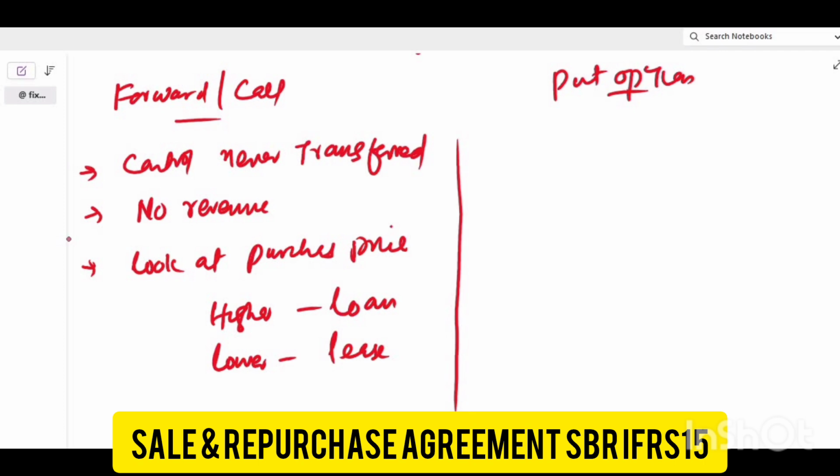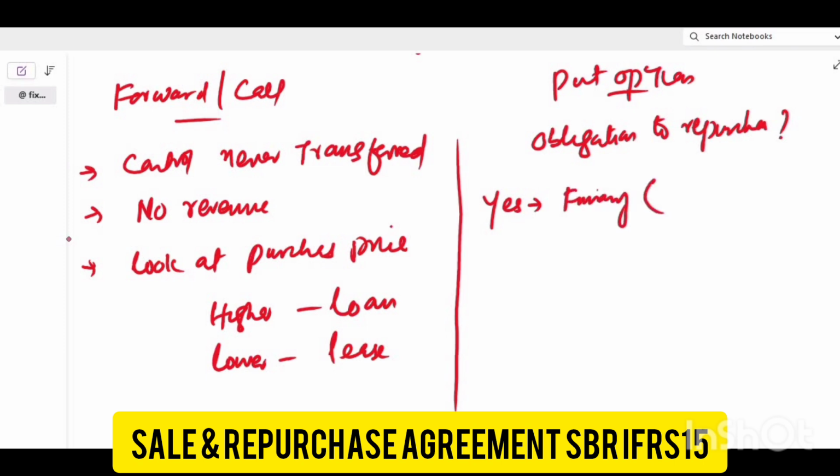Another one is put option. And for a put option, you will look for the obligation to repurchase. If yes, you have an obligation, then financing, that will be your higher price, or lease means lower price.